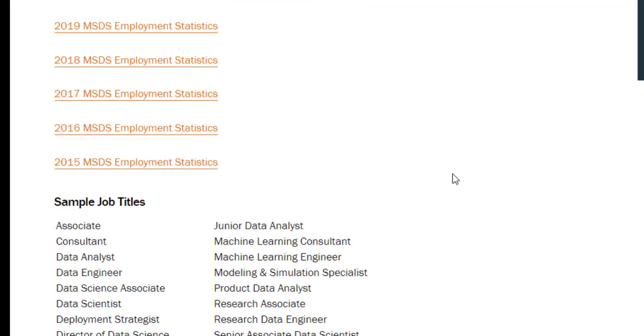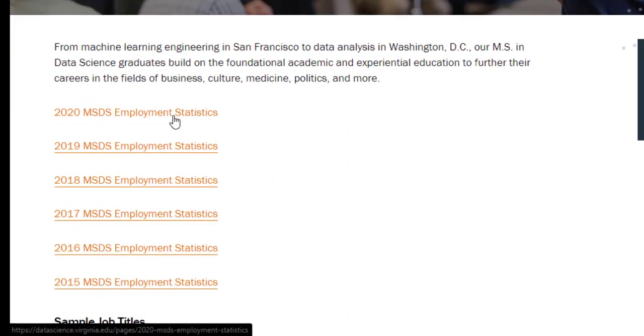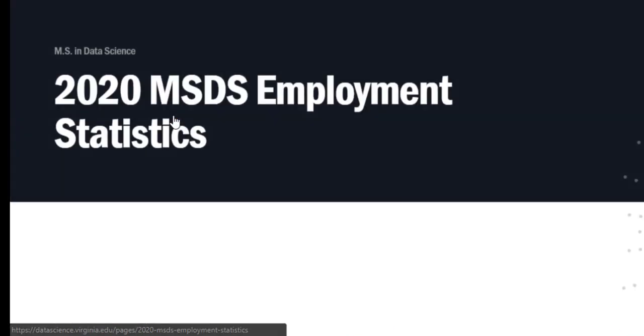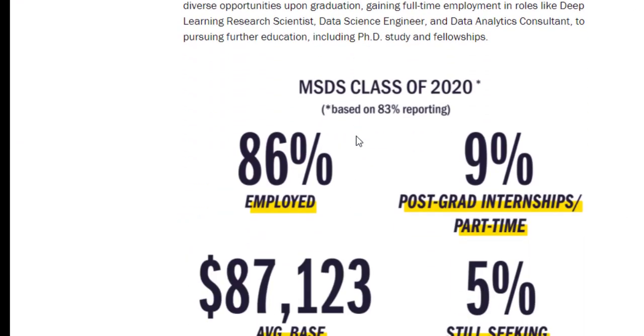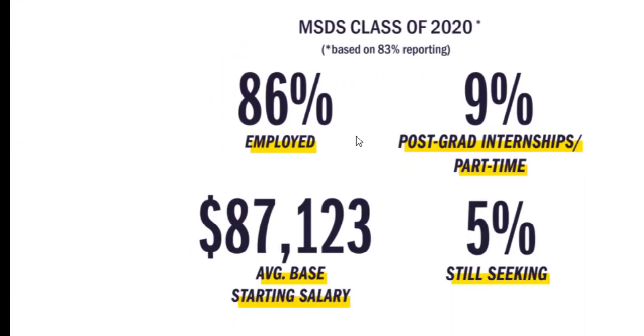Now, if we have a brief look at the 2020 employment statistics, just look at the numbers. There were 83% of the people who reported back to the university, and out of those, 86% said they were employed, 9% said they have got internships or part-times, and there is only 5% of people out of them who are still seeking.